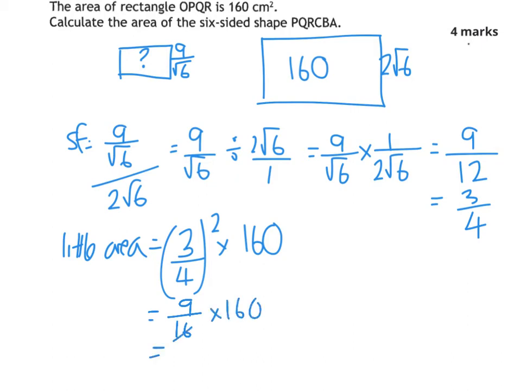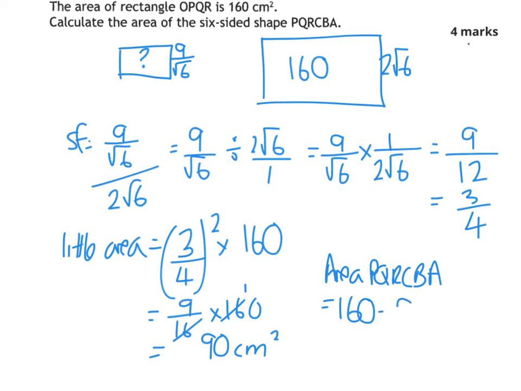Those 16s will cancel out and you're just left with 9 times 10, which is 90. So the small area is 90 centimetres squared. So the 6-sided area that they want, so the area for this shape PQRCBA is your 160 for the big one, take away 90 for the small one, leaving you with an area of 70 square centimetres. So nasty bit of surd work there for that one.